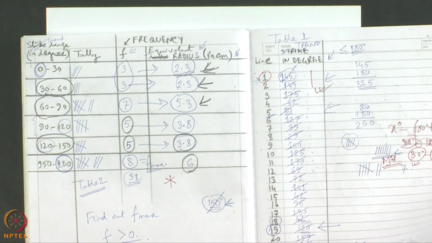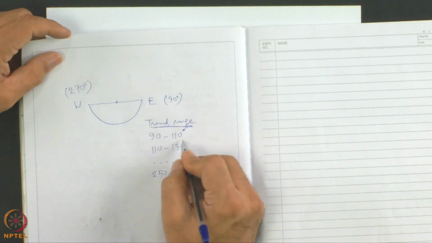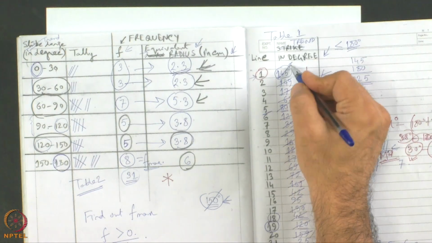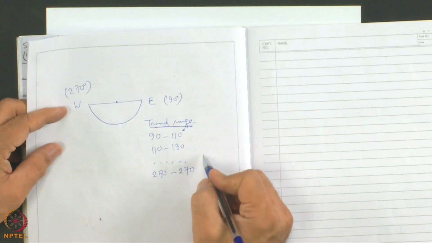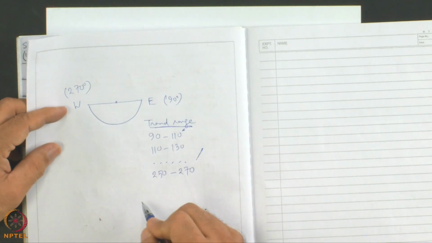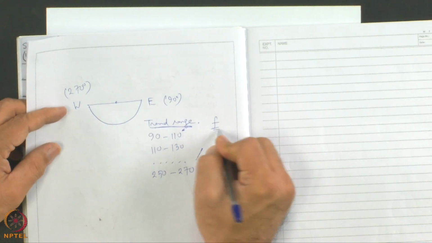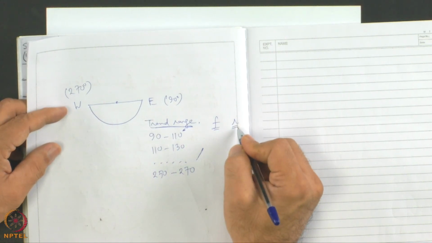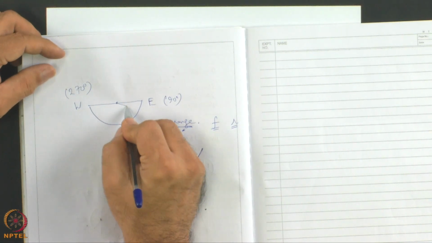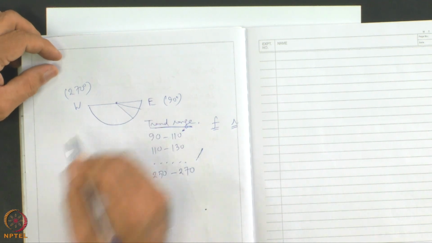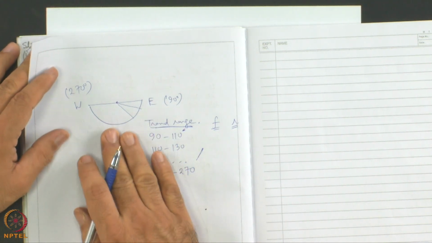Now, from table 1 you create the tally, 90 to 110, how many data are there. So, 145 I cut over there, somewhere there will be a tally over there. In this way, create the tally, create the frequency, find out the equivalent radius, and then again you draw these petals, fill up differentially and create this rose diagram also.